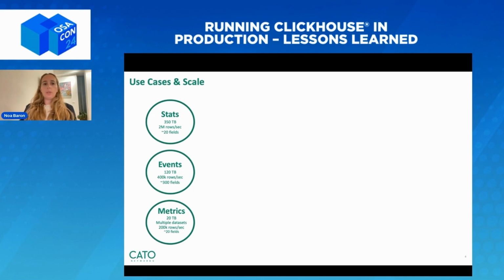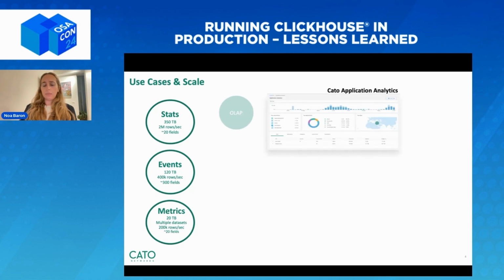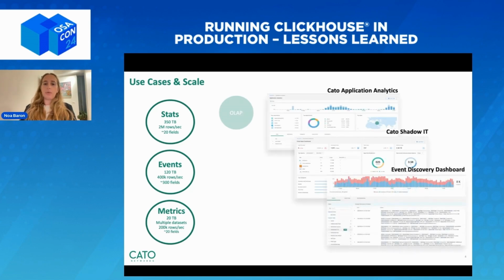So what do we do with this data at Cato? Obviously analytics. We have a few dashboards in our web application that show customers everything that is going on in their network at any given time. We also provide reports to our customers for certain periods of time.